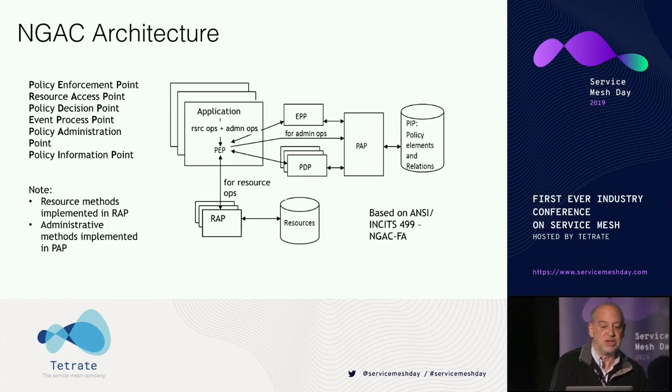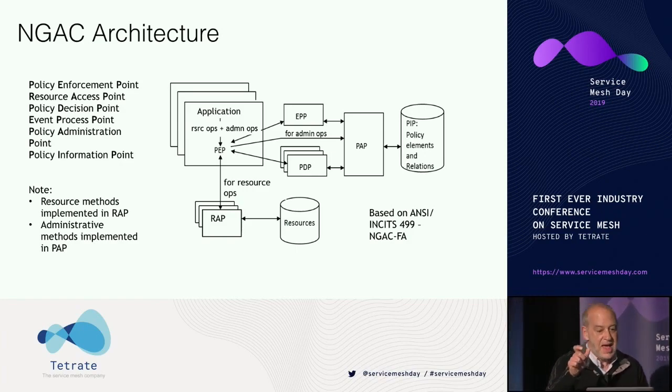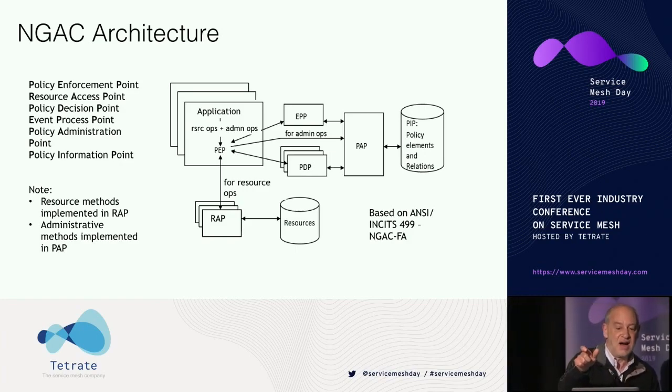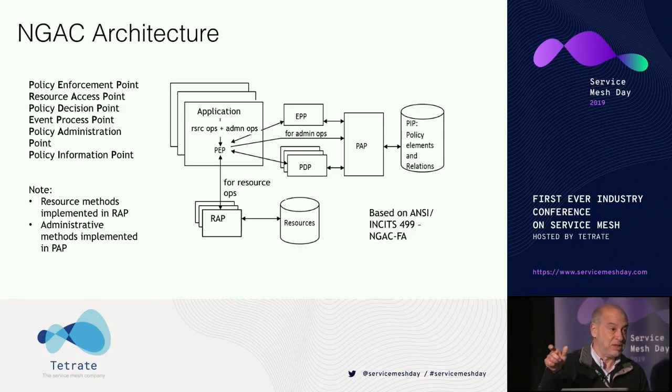But it's also important to note that once an access event actually occurs, we send the context of that access event to what's referred to as an event processing point. And if that event matches an obligation, an event and an obligation, we automatically execute a series of administrative operations to dynamically change the state of the system.